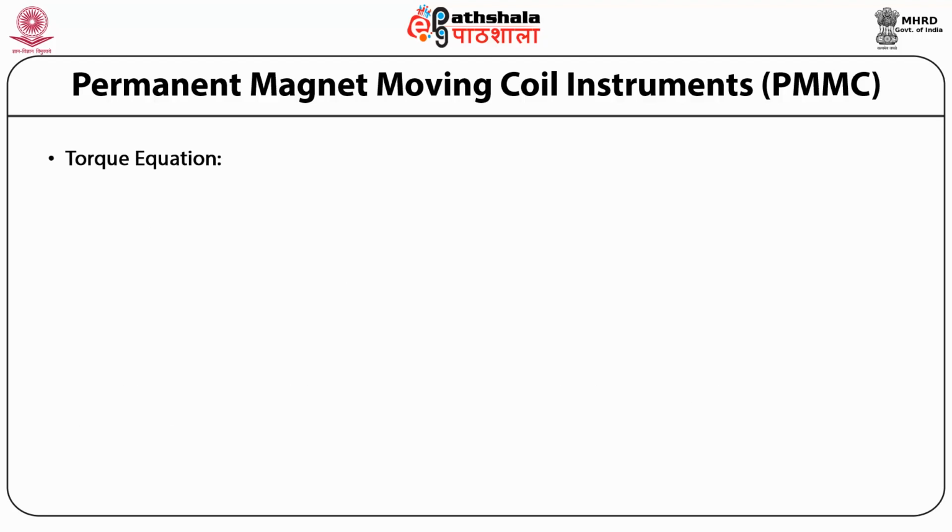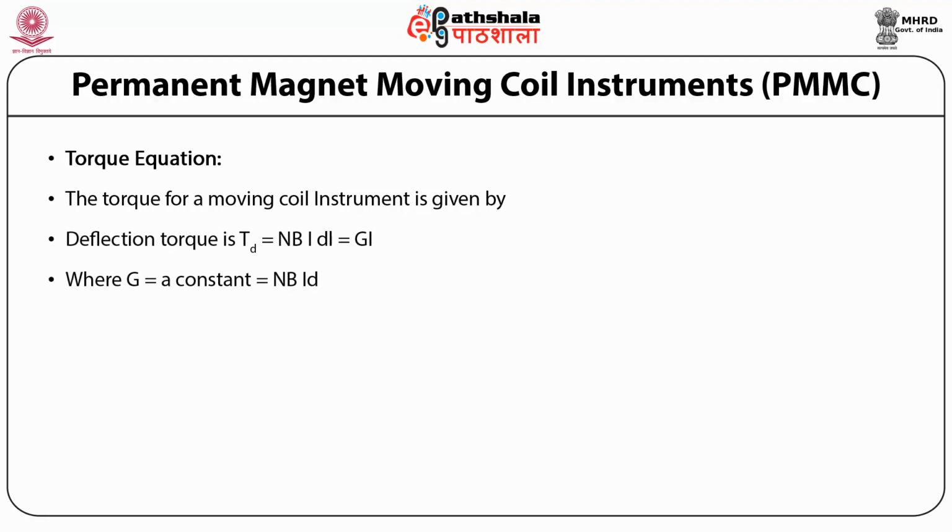Now, let us consider the torque equation. The deflection torque for a moving coil instrument is given by Td = NBidl, which is equal to Gi, where G is a constant equal to NBld.